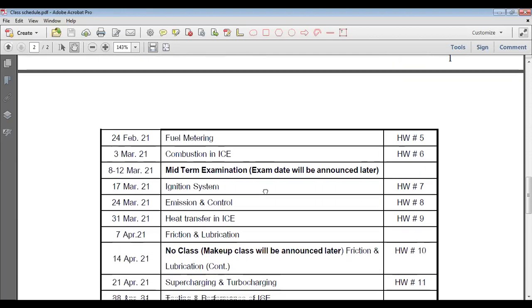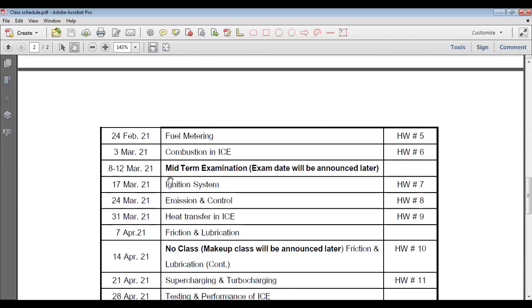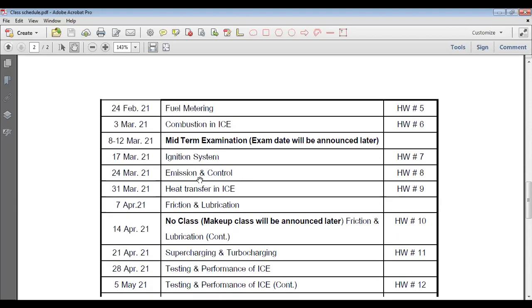But combustion can happen only when we have an ignition system. And then, because of the combustion, it creates emissions. This is the result of the combustion, so we have to learn about the emissions and how to control the emissions that happen due to combustion. And again, because of combustion, we have heat transfer.